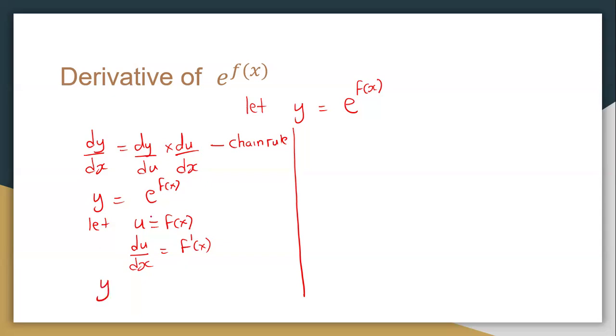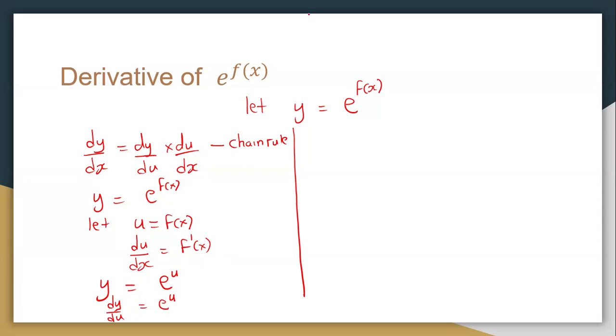Since we have let f(x) equal u, our y will be e^u, meaning that our dy/du is going to be e^u, because we have already said that whenever you differentiate an exponential function, you remain with the same thing.